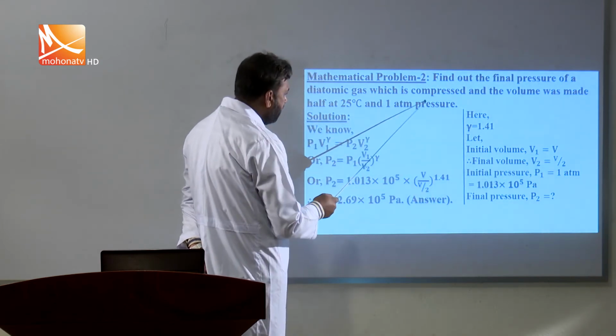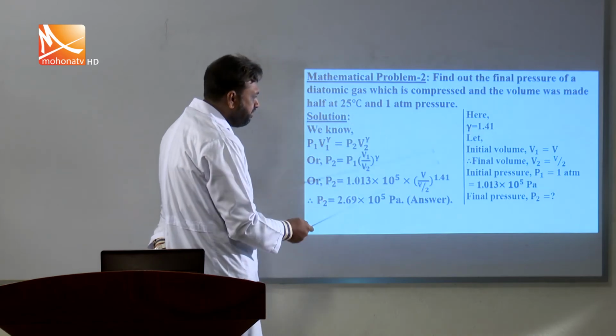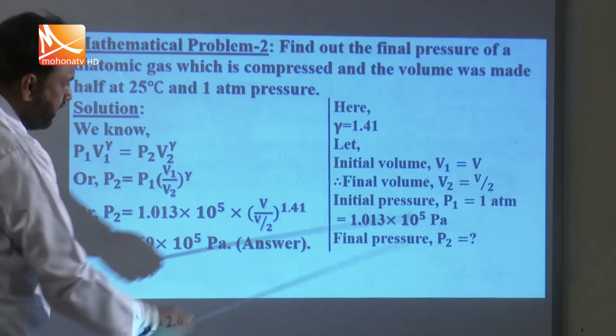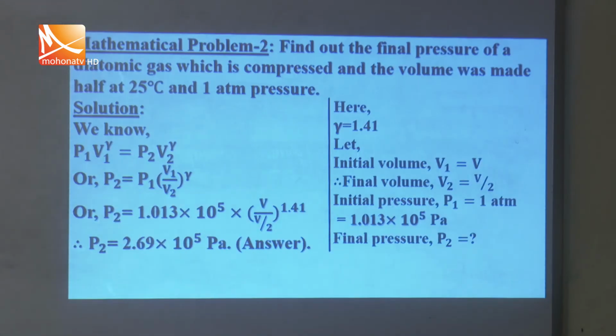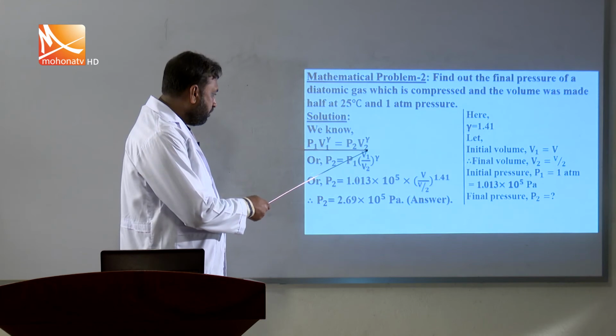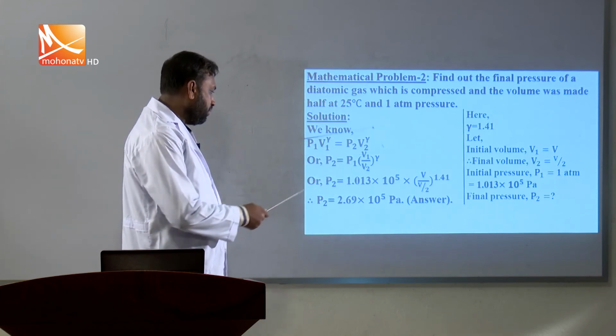Initial pressure P1 equals 1 atm, and you know 1 atm pressure equals 1.013 times 10 to the power 5 Pascal, and final pressure P2 equals what? We know P1 V1^gamma equals P2 V2^gamma, or P2 equals P1 times (V1 divided by V2) to the power gamma.